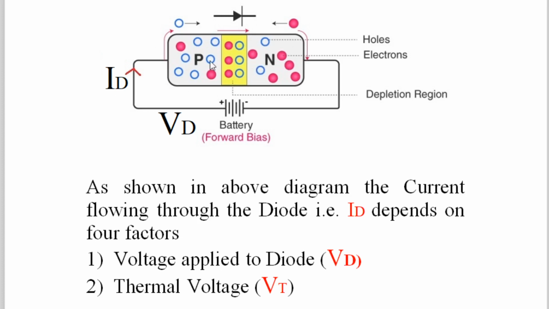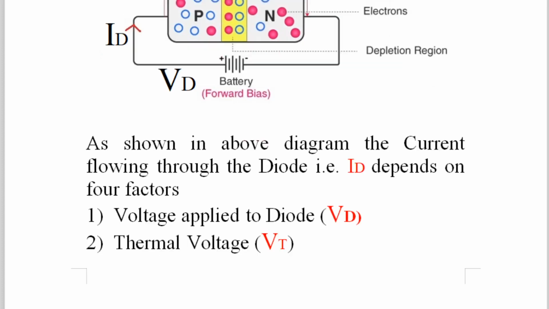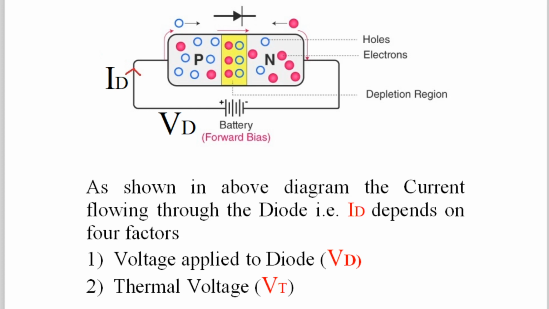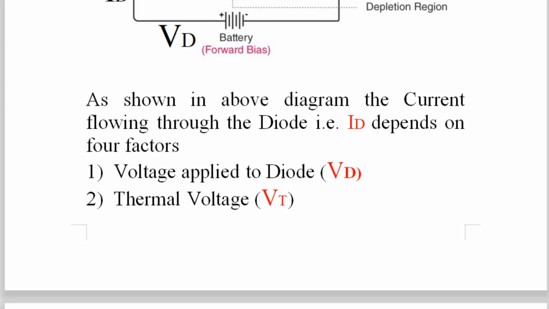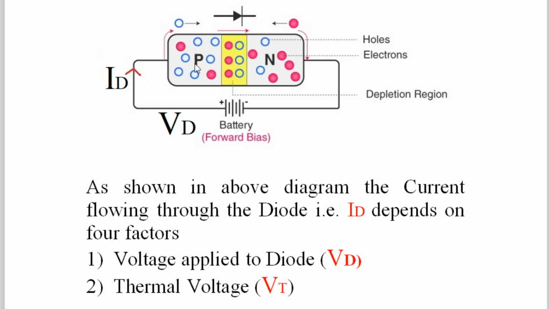Because of that internal heat, not the external surrounding temperature, electrons are forced into excited states, and therefore a thermal voltage is developed. That thermal voltage is also very important for the current flowing through the diode ID.